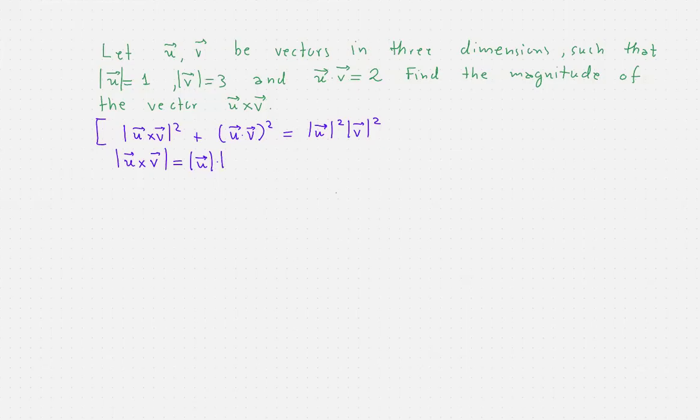So if this is u, this is v, originating at the same point, and the angle between them is theta, then that is true for the magnitude. And also remember that u dot v is simply magnitude of u times magnitude of v times cosine theta.